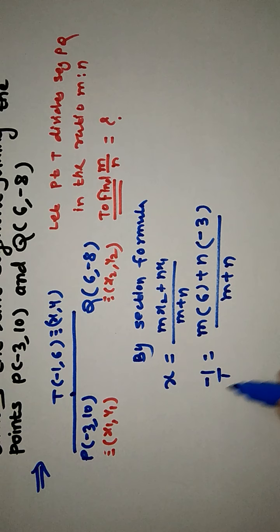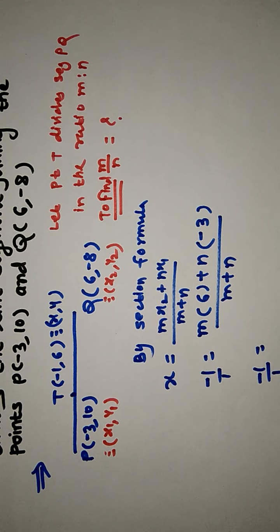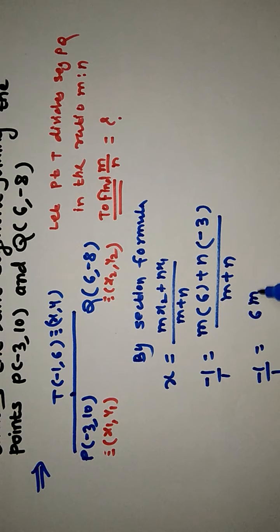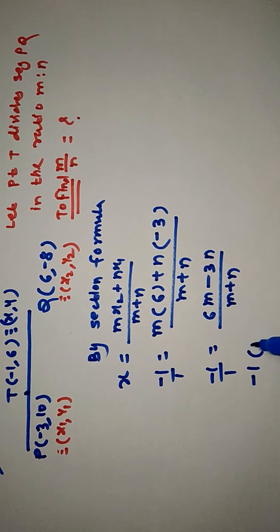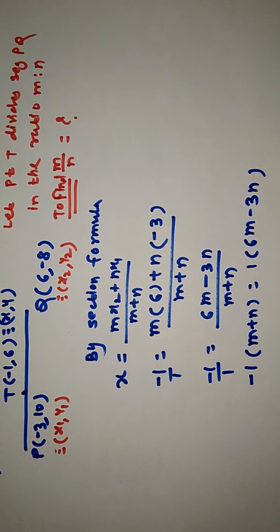Now solve this. Minus 1 upon, the denominator of minus 1 is 1. (6m minus 3n) divided by (m plus n). Taking cross multiplication, minus 1 into (m plus n) is equal to 1 into (6m minus 3n).